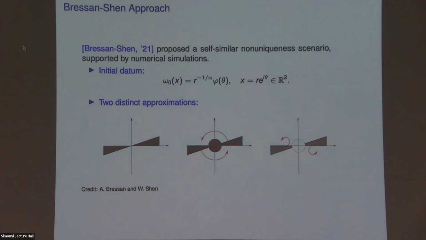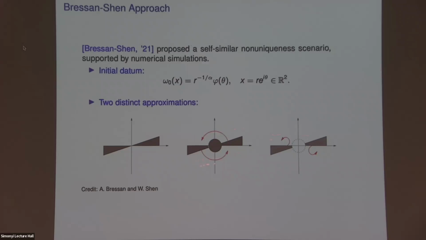And the claim is that the two solutions behave in a very different way. They are both self-similar, but one is just rotating around the origin, while the second one is rotating around two distinct points. So after regularization, Bressan and Chen expect to get two completely different behaviors.